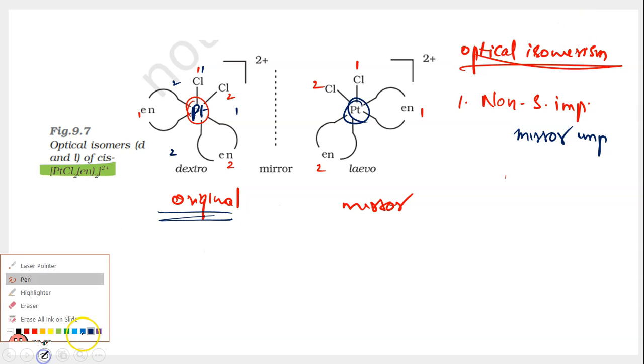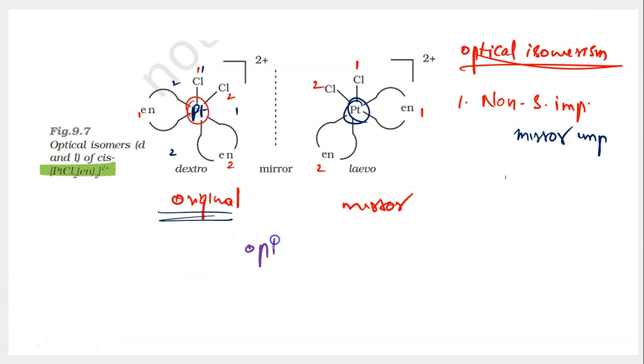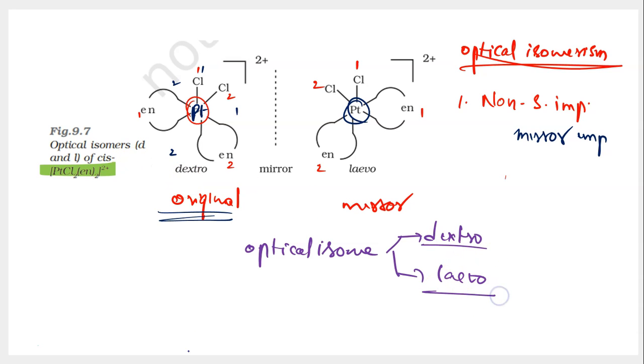So how many types of optical isomers are possible? Optical isomers can be of two types. One is the D isomer or dextro isomer. The second one is the levo isomer. So this molecule is producing dextro and levo isomers. By the way, these optical isomers are also called enantiomers. In some books you get to see them written as enantiomers, so don't get confused.